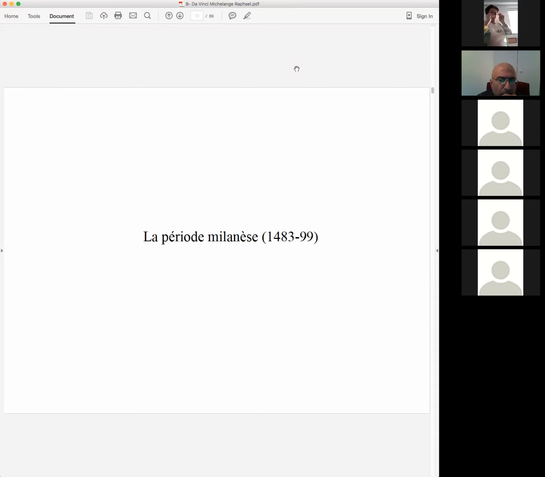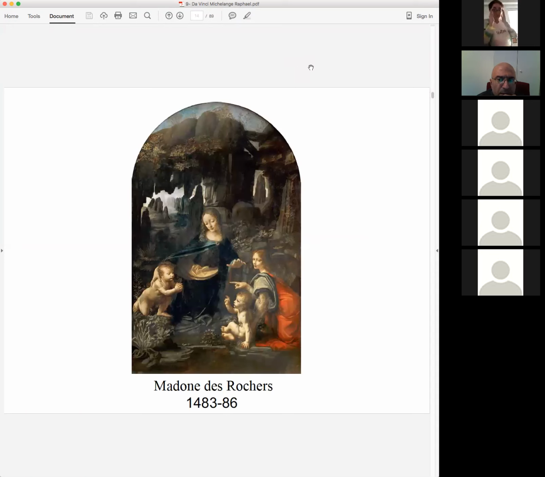And during that Milanese period, he's going to produce a series of masterpieces, including the image that you see here before you, which is the Madonna of the Rocks. It's one of his great masterpieces, and this is like a quantum jump in terms of his capacities.